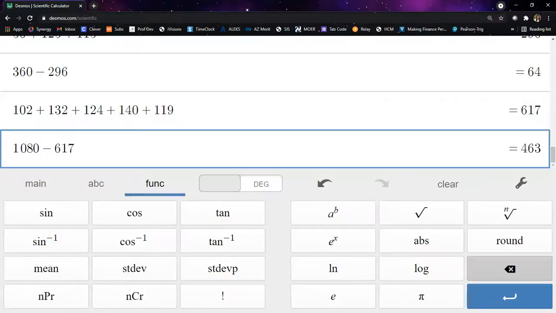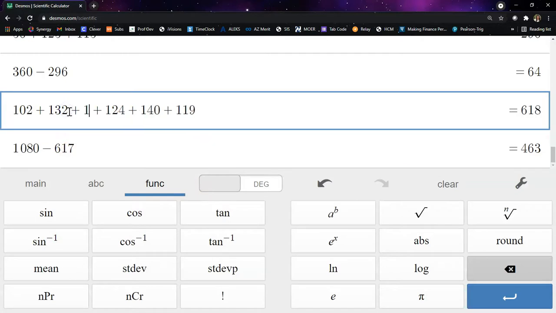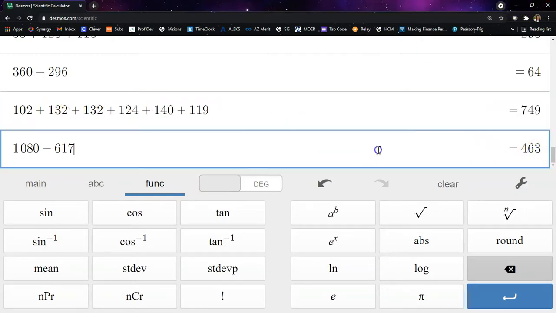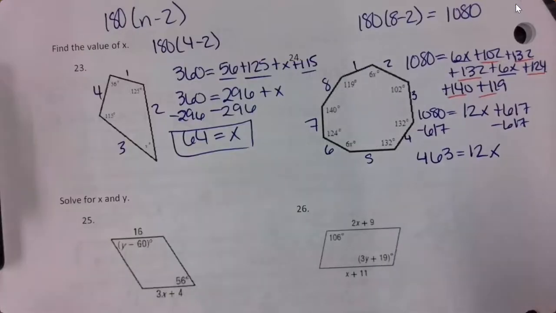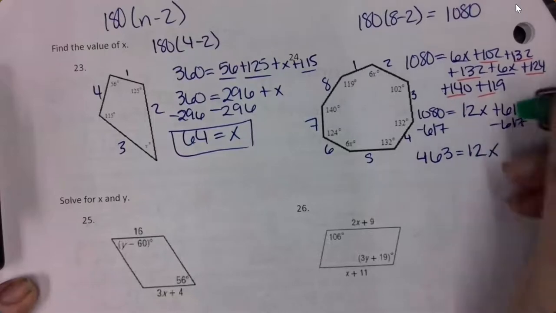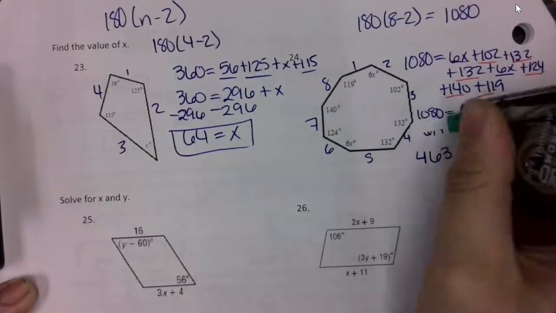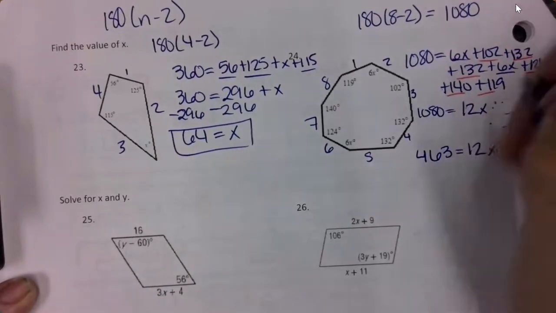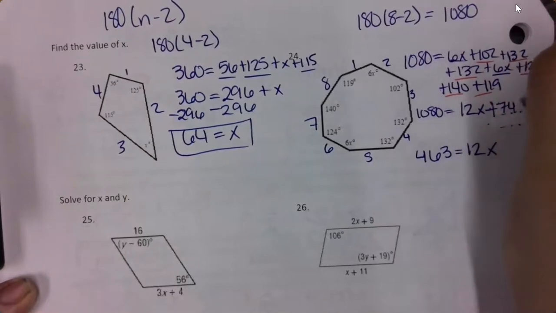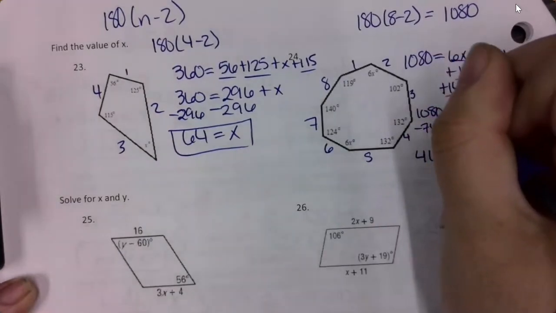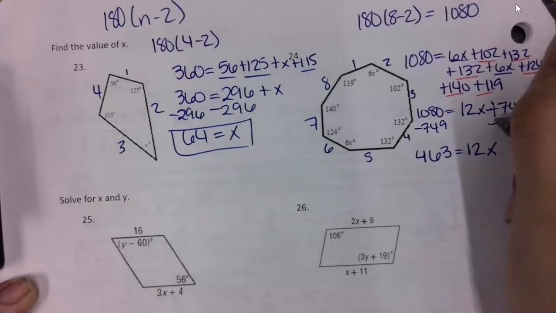Hold on. I missed a 132. So actually get us 749. So 749 should have been the number I subtracted.